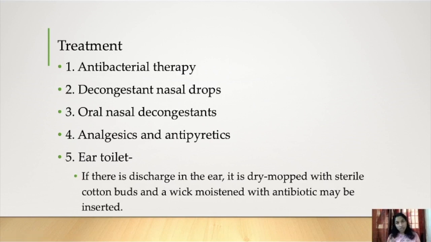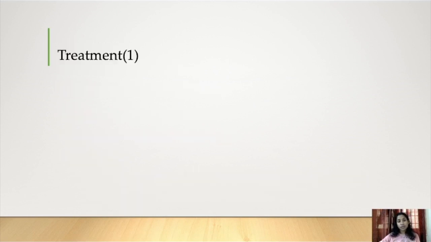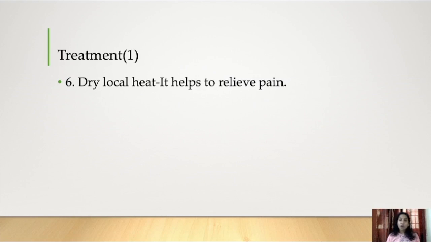So if the discharge is there, it should be dry mopped with sterile cotton, and after that they will dip the wick in the antibiotic drops and put it inside the ear, like how we use Karnapichu. Next comes dry local heat. If there is severe pain, then we can give this dry local heat that will relieve the pain.